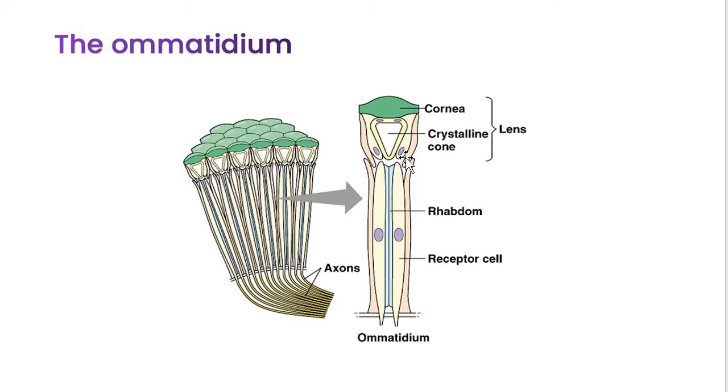Then there is a sensory part which consists of elongated specialized nerve cells called retinula cells. Such a retinula cell or retina is separated by the basement membrane, through which the axons arising from the retinula cell pass into the optic lobes.